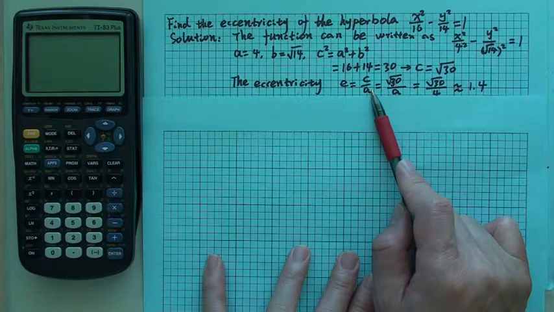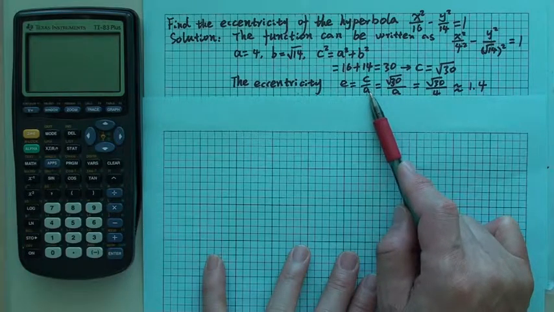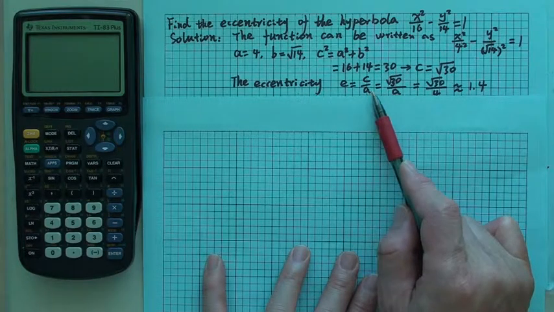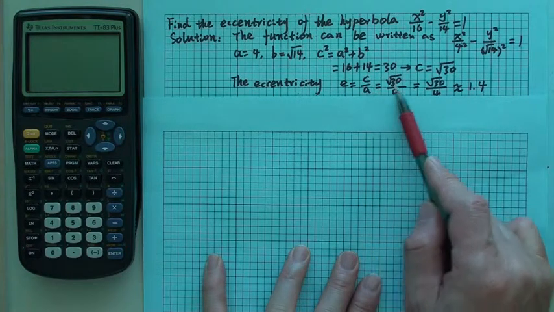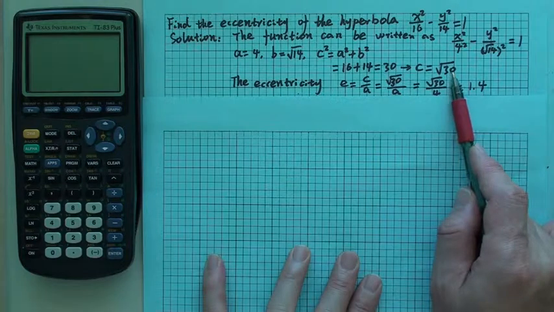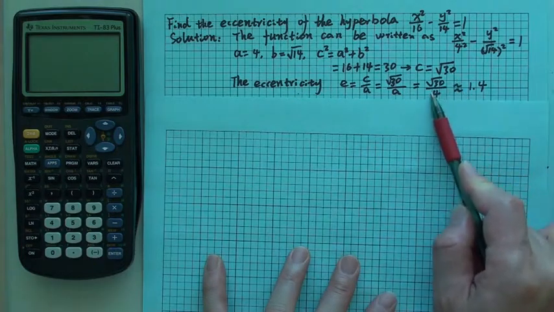And in both, c and a are always on the same axis. So here c is radical 30 and a is 4.